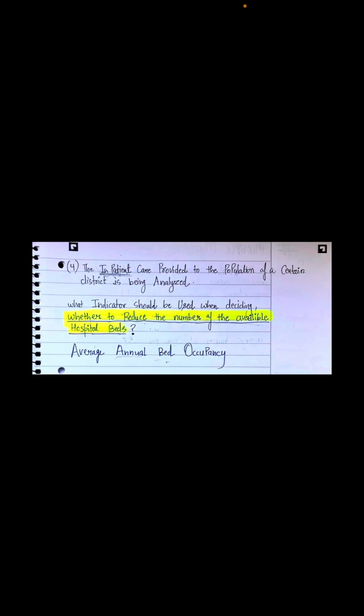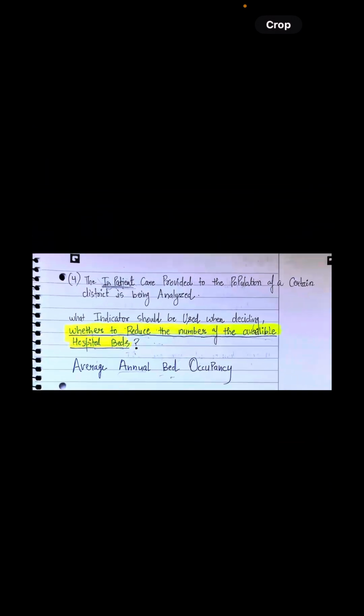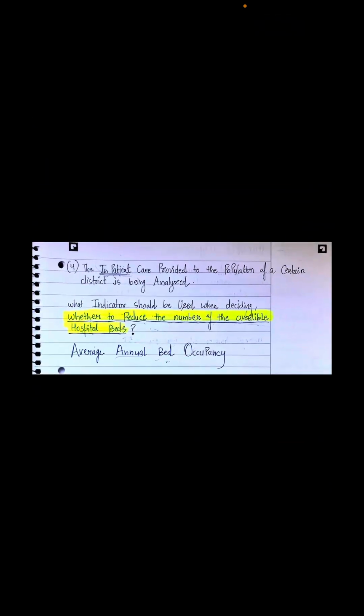Next, you can make a mistake here, because I made this mistake as well, that's why I highlighted it very well. There is one question in which inpatient is again there, but we have to take care. Let's understand it a bit so that we don't mark it incorrectly. The question says the inpatient care provided to the population of a certain district is being analyzed.